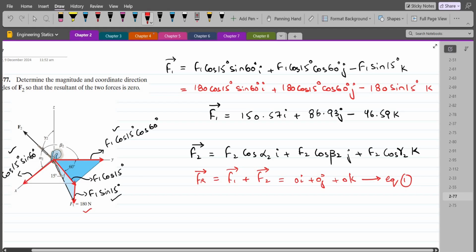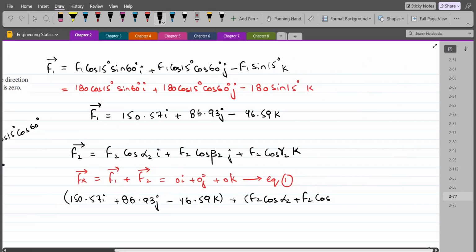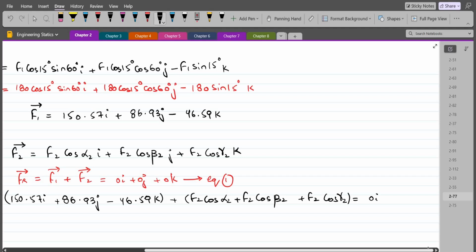If I substitute the values of F1 and F2, equation 1 becomes, for the F1 force, we have 150.57 i plus 86.93 j minus 46.59 k, plus F2 cos alpha 2 plus F2 cos beta 2 plus F2 cos gamma 2 equals 0i plus 0j plus 0k.